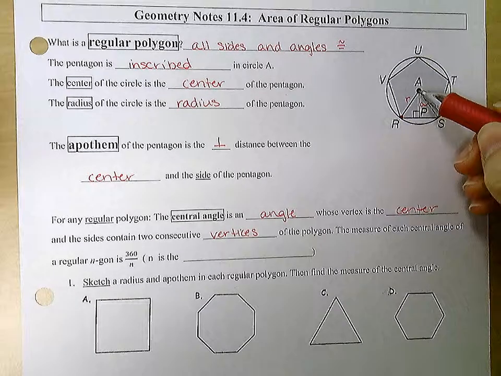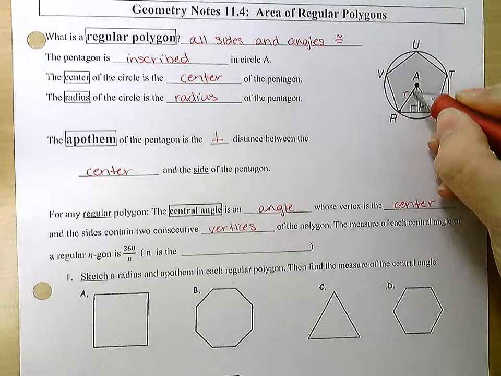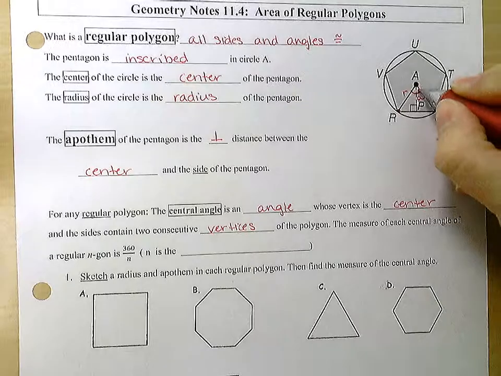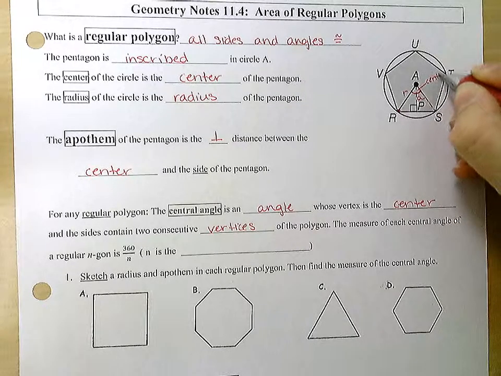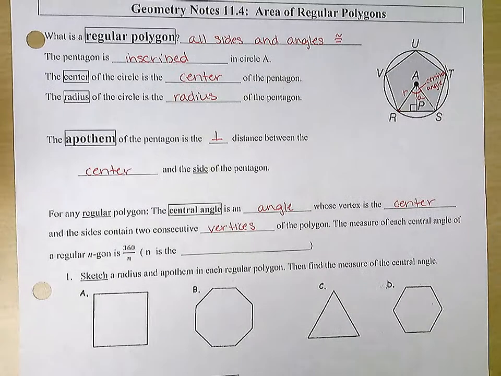You have a radius right here, and you would have another radius right here. This whole entire angle created between those two segments is called your central angle. Again, it's between the two radii, not between the radius and the apothem.